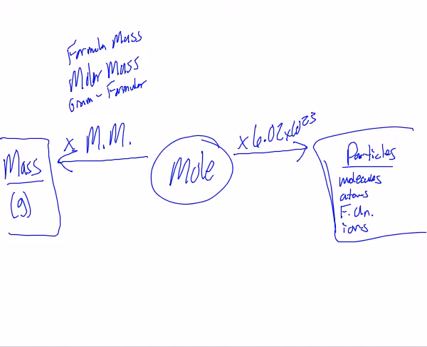Now, if we're starting on the outside of our roadmap here, and we're going back to moles, what mathematical operation do we have to use to get to a smaller number? Division. And we're going to divide by those same numbers. So those kind of, I don't want to say constants. Avogadro's number is a constant. When we're dealing with particles of any sort, we use his number. Molar mass isn't necessarily a constant.